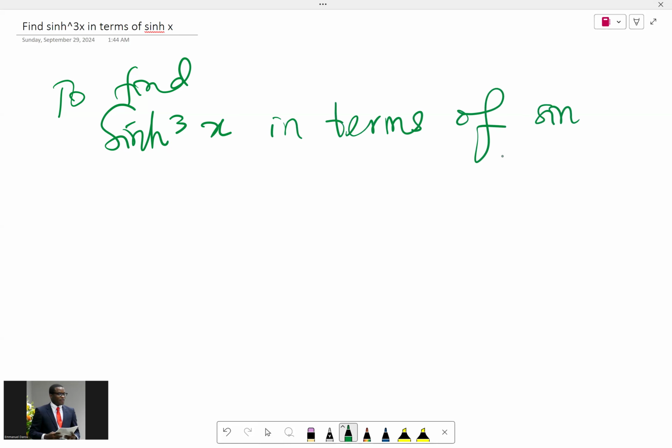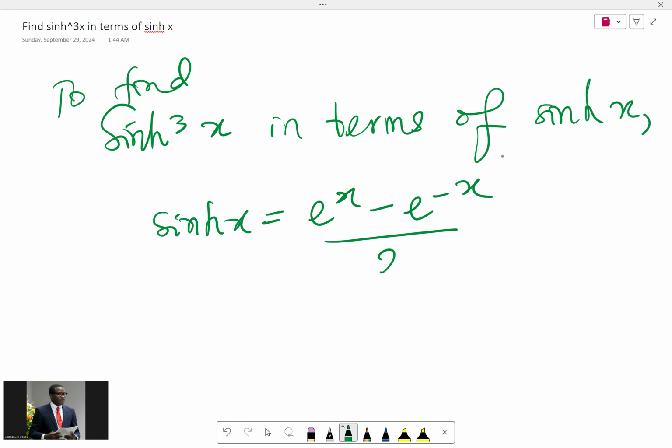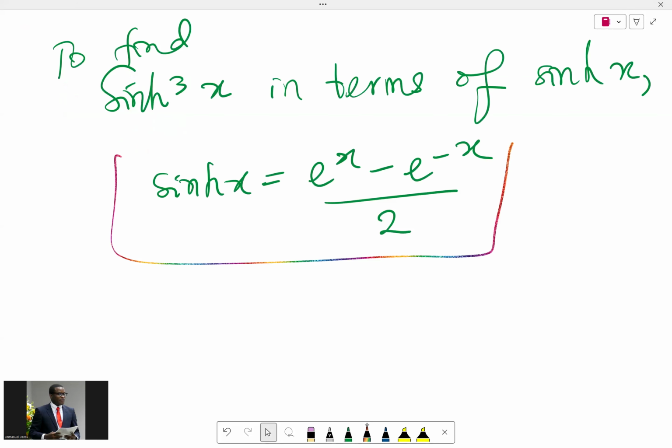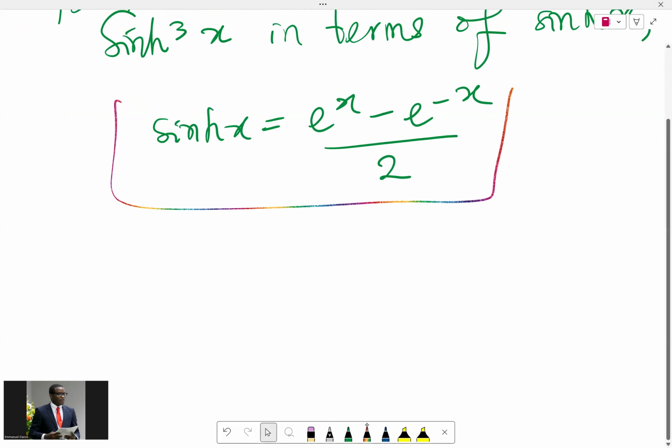right? First of all, we want to remind ourselves that sinh x, which is a hyperbolic function, is the same thing as e raised power x minus e raised power minus x divided by 2. So we have this.